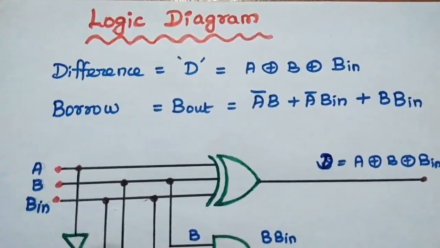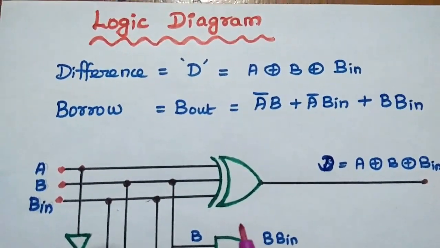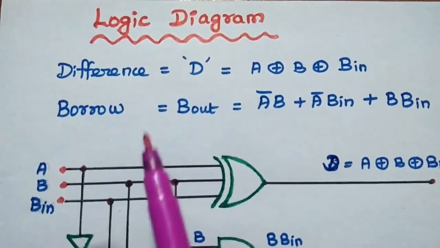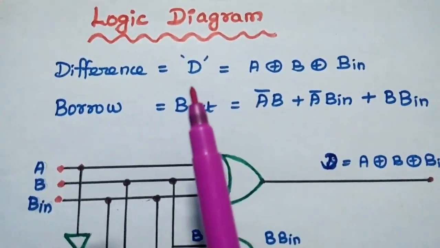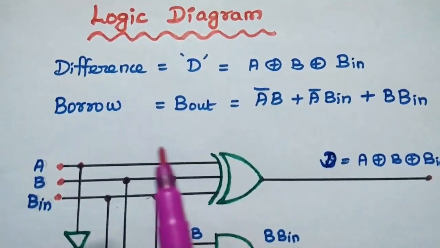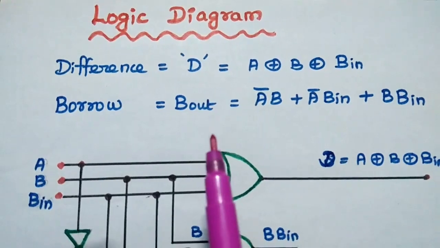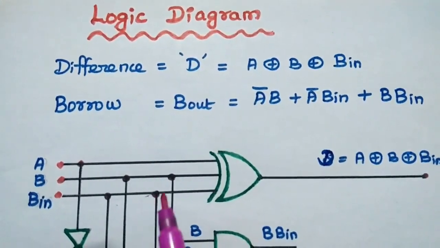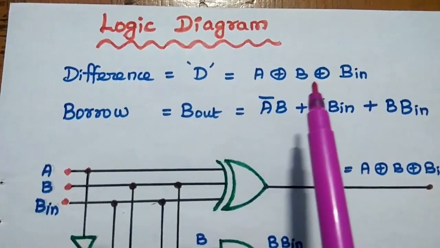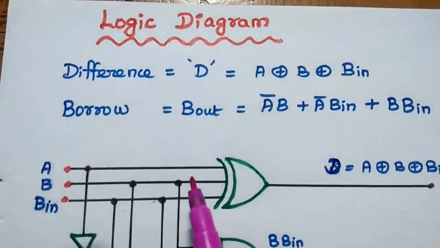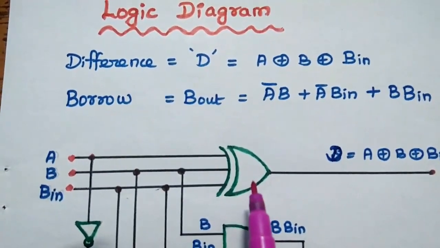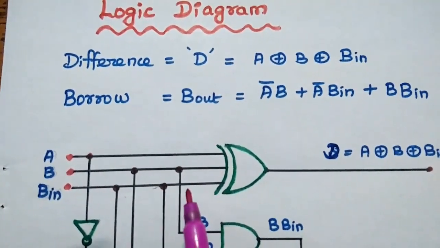Next, we are going to draw the logic diagram for the full subtractor. We have already obtained the Boolean expressions for the outputs, difference and borrow. For these expressions, we are going to draw the logic diagram. The difference is equal to A XOR with B XOR with B in, so we are going to use a single XOR gate with 3 inputs.